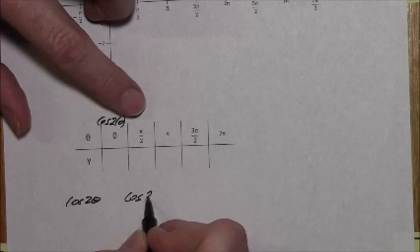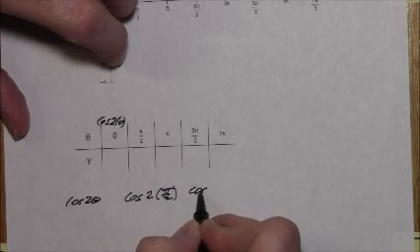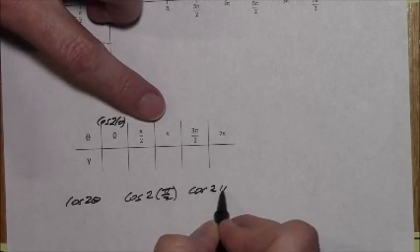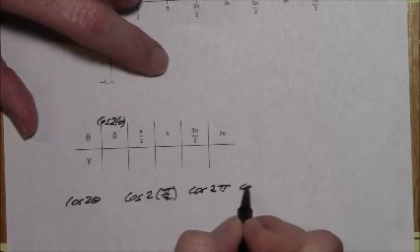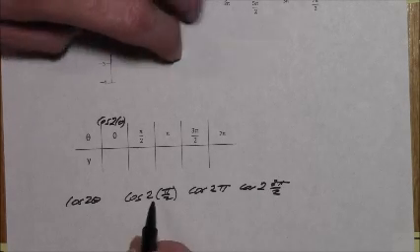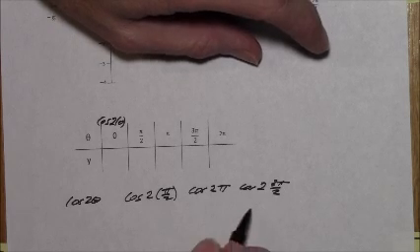Cosine 2 pi over 2, cosine 2 pi, and cosine 2 times 3 pi over 2. Now you can make that pi over 2, that makes it pi. There's a number of things you can do with it, but let's try this.